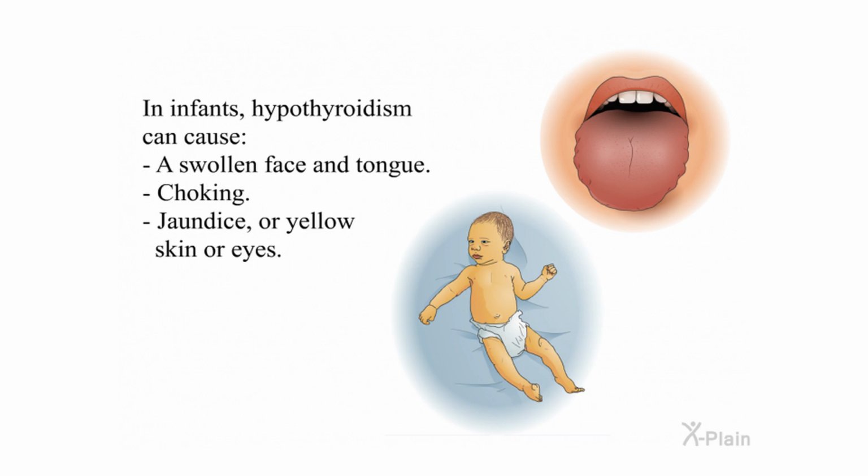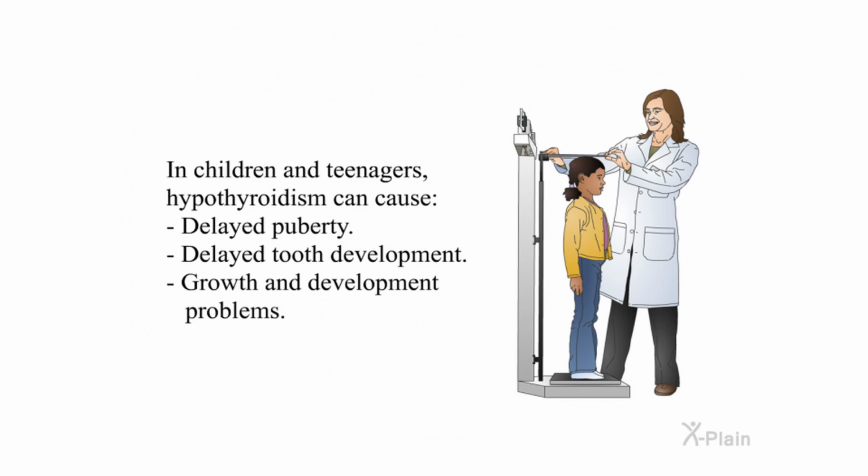In infants, hypothyroidism can cause a swollen face and tongue, choking, jaundice, or yellow skin or eyes. In children and teenagers, hypothyroidism can cause delayed puberty, delayed tooth development, and growth and development problems.